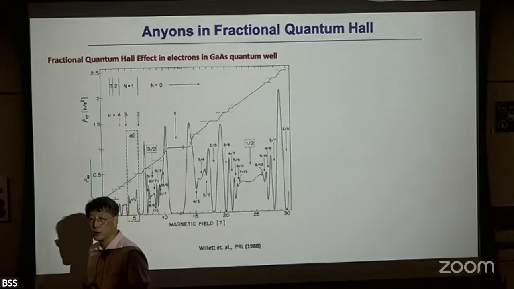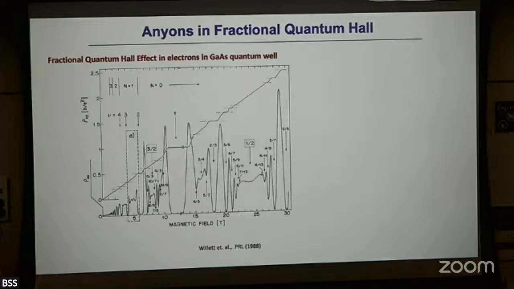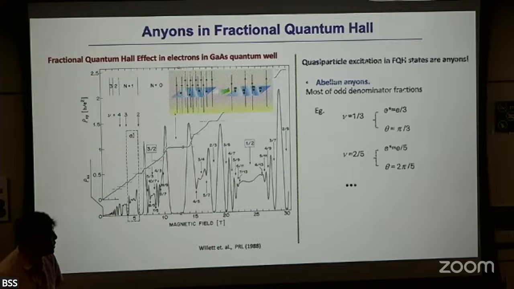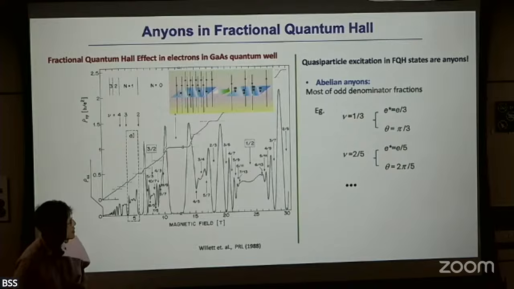The community quickly realized that for many of these fractional quantum Hall states, if they are in the Jain sequences, the excitations can be described by anyons. Using composite fermion theory, you can quickly show that the quasi-particle excitations of the fractional quantum Hall ground state can be expressed by fractionalized charges as well as their anyonic braiding statistics.